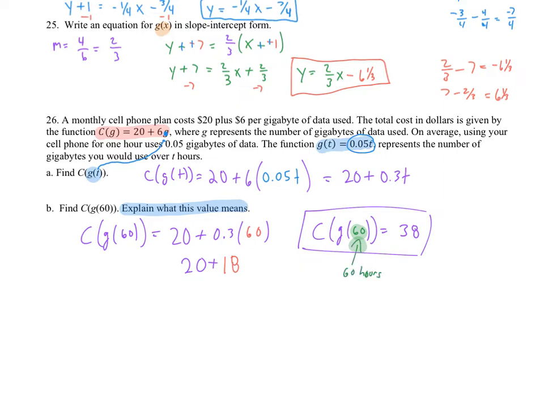Right, then the outside letter tells us what we're getting out. So 38. What did C have to do with? That was cost. So this is $38. So how could we explain what's going on here? Right, we're talking about how much money it's costing us if we use so many gigs, how many gigs we use if we're on our phone for so long. So if we're on our phone for 60 hours, our plan would cost us $38.